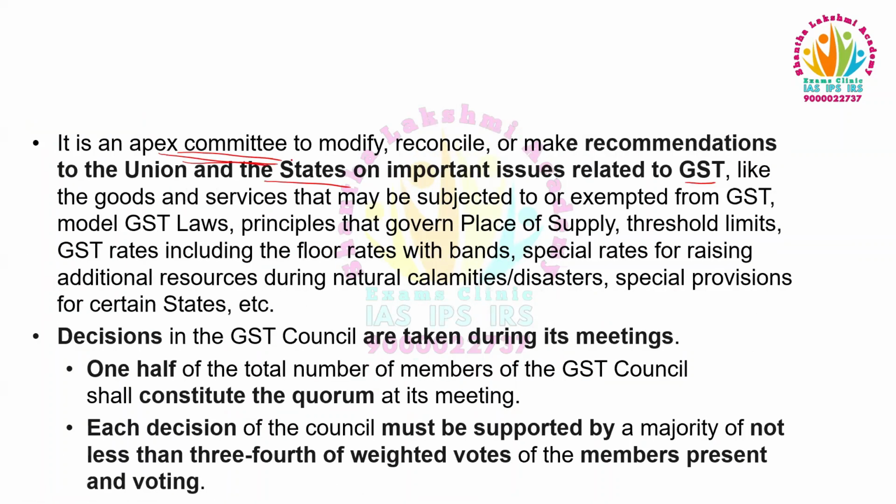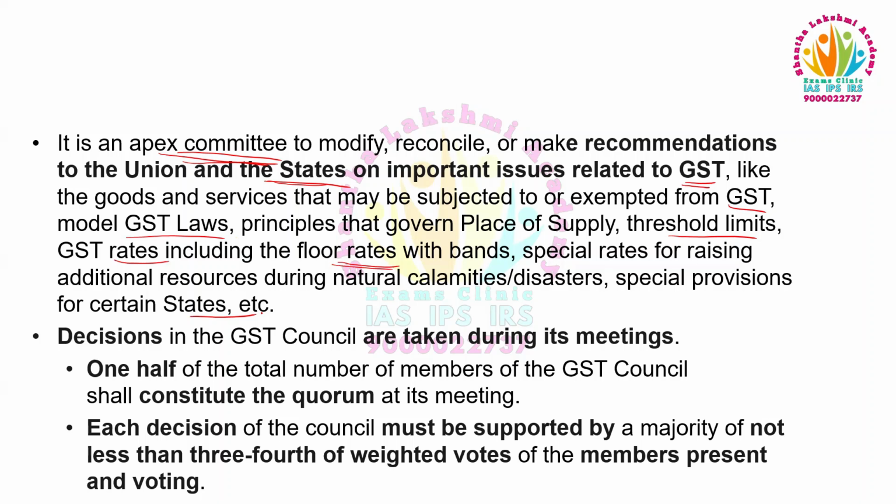It is an apex committee to modify, reconcile, or make recommendations to the Union and the states on important issues related to GST, like the goods and services that may be subjected to or exempted from GST, model GST laws, principles that govern place of supply, threshold limits, GST rates, including the floor rates with bands, and special rates for raising additional resources during natural calamities and disasters, special provisions for certain states, etc.